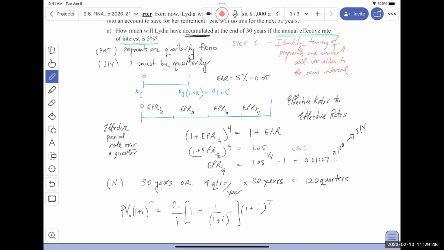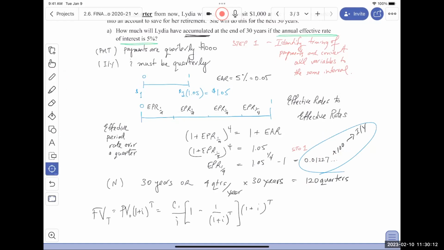In the calculator, what I'm doing is just putting N as 120, then the interest. I recall it from storage 1. Did you multiply by 100? You have to multiply by 100, because that might have been your mistake. Yeah, that's it. So you have to multiply by 100 before you put it in I/Y.